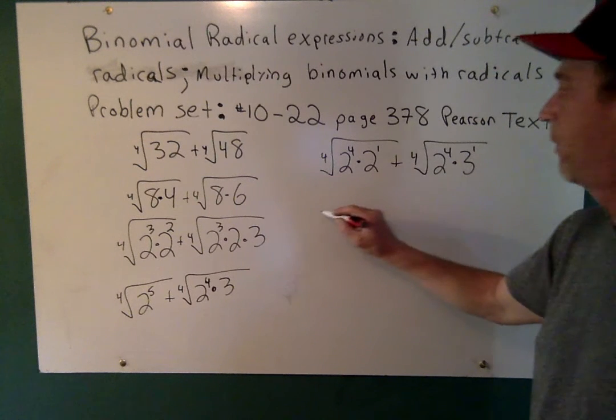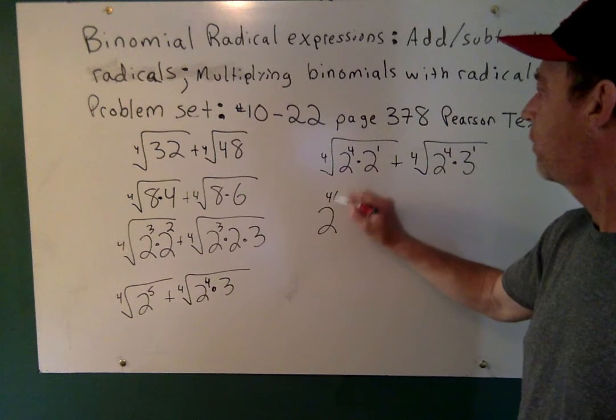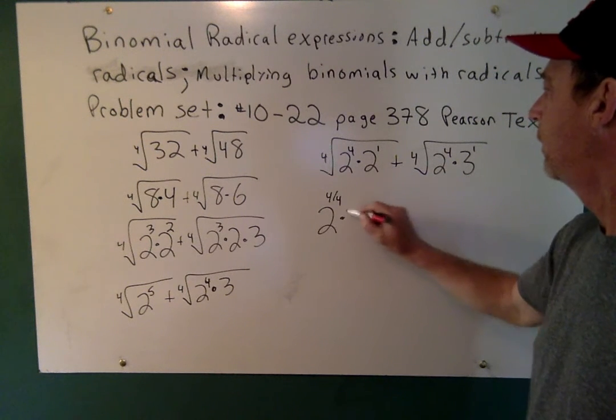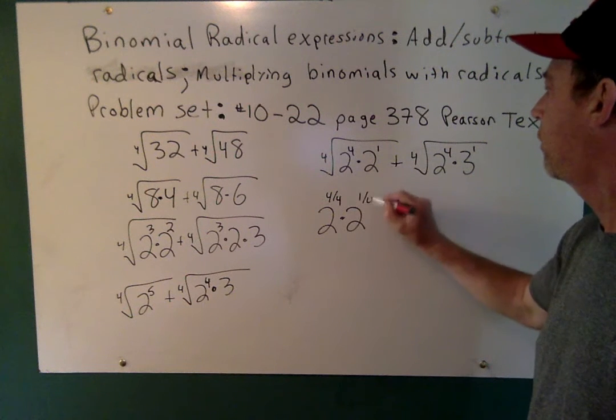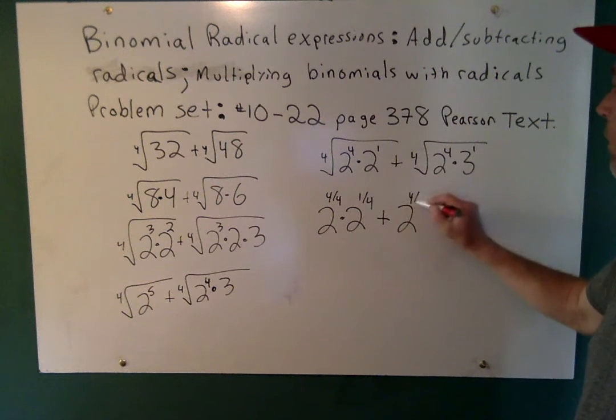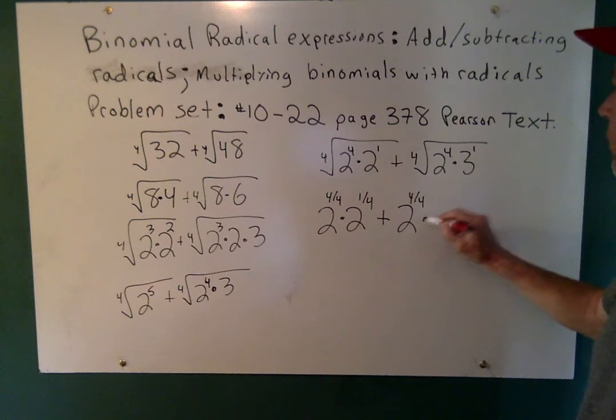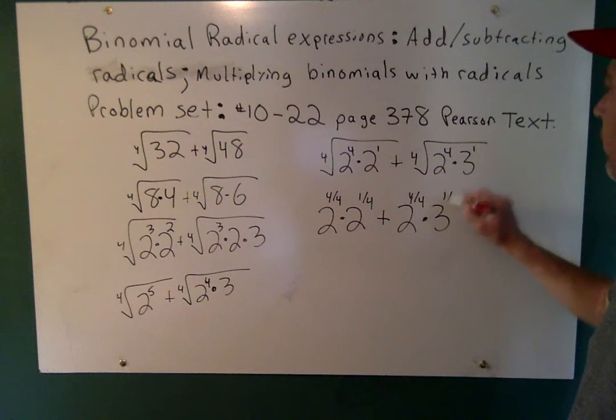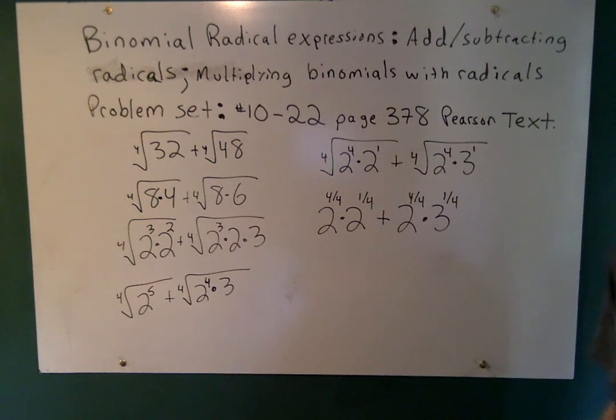In exponent form, 2 to the 4 over 4, 2 to the 1 over 4, plus 2 to the 4 over 4, 3 to the 1 over 4.